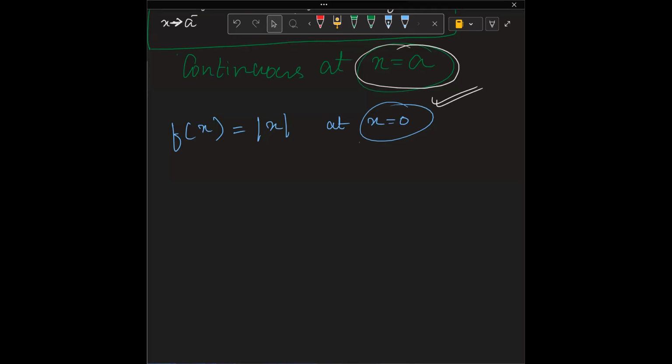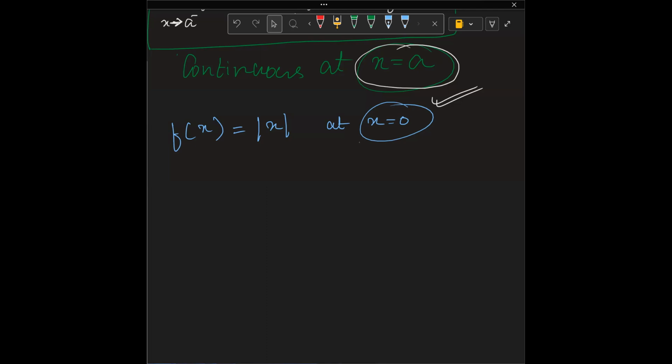Remember the definition of modulus of x. That means your function modulus of x is minus x when x is less than 0, and plus x when x is greater than 0. So this is the definition of modulus of x. Mod of x is minus x when x is less than 0, so that is your LHL, that means left hand limit.